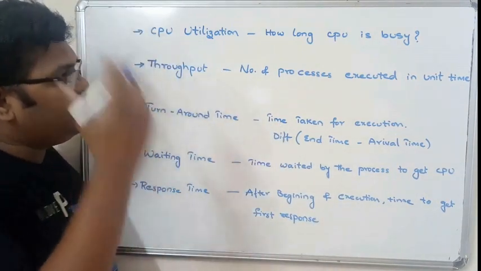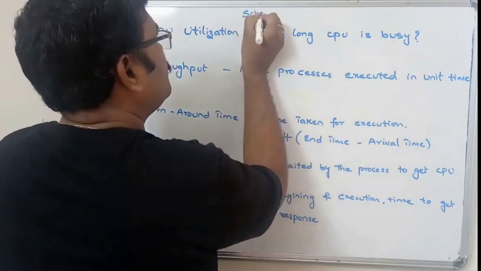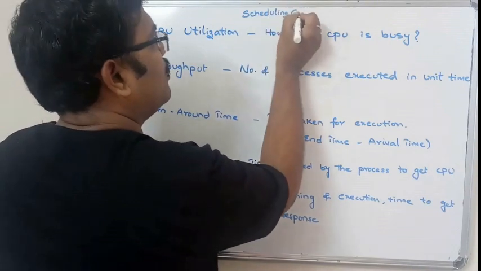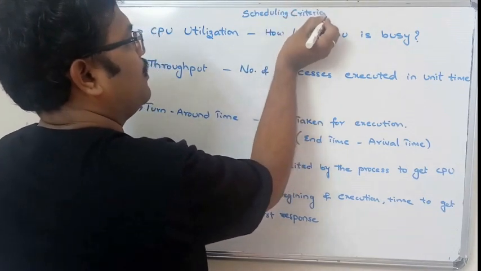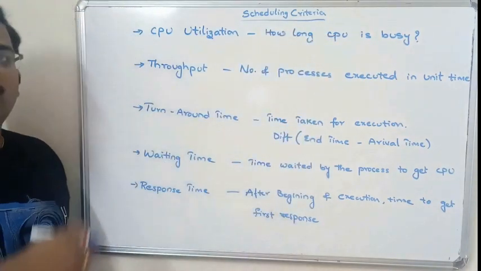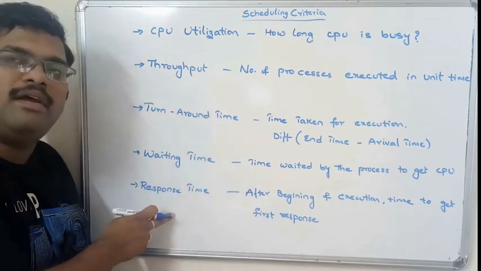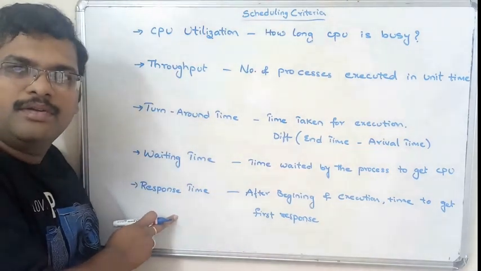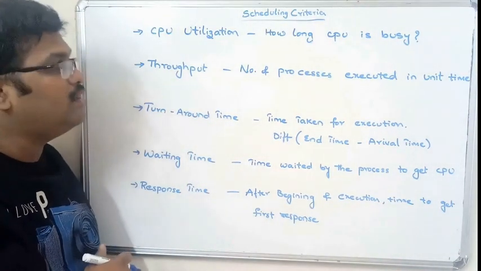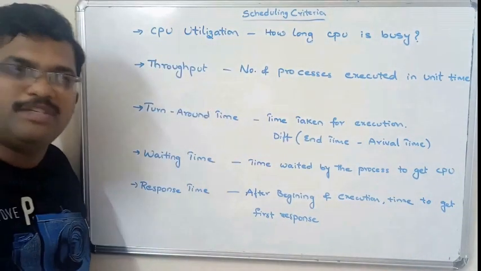So these are the different scheduling criteria: CPU utilization, throughput, turnaround time, waiting time, and response time. For every process, we can calculate all these things, except CPU utilization. CPU utilization means how long the CPU is busy.